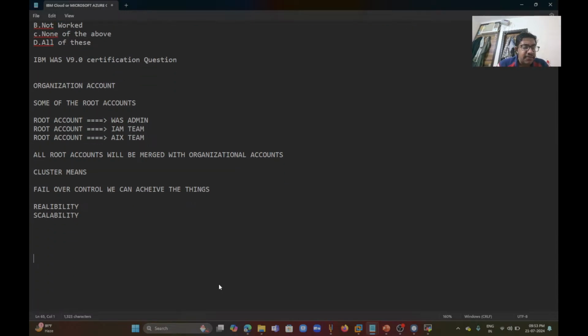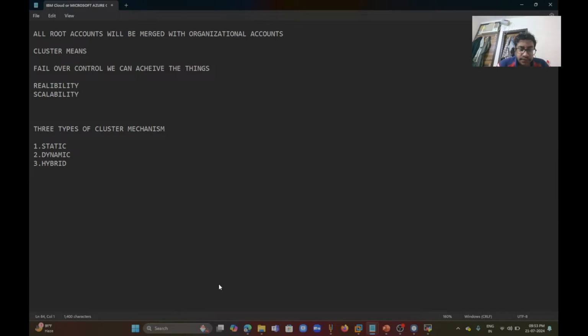There are three types of cluster mechanism: one is static, another one is dynamic, and another one is hybrid. This is the cluster mechanism.